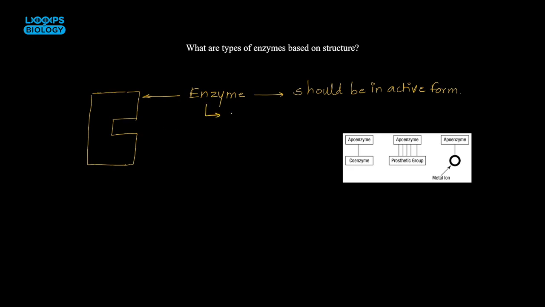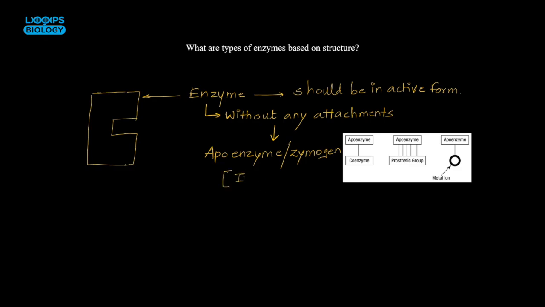Enzyme without any attachment, and we'll see what attachments shortly, is called apoenzyme, or zymogen, which is nothing but an inactive enzyme right now. We have to convert this enzyme into an active form.